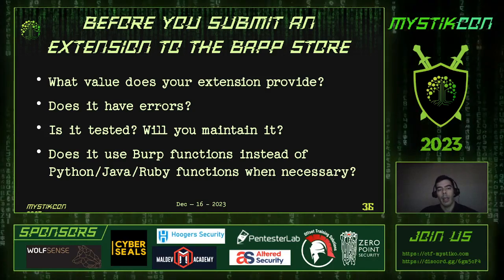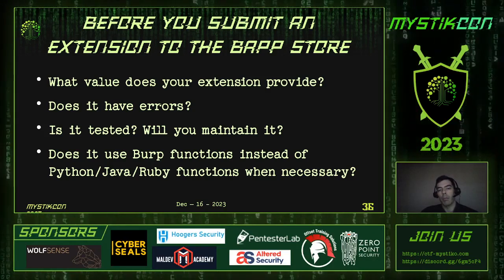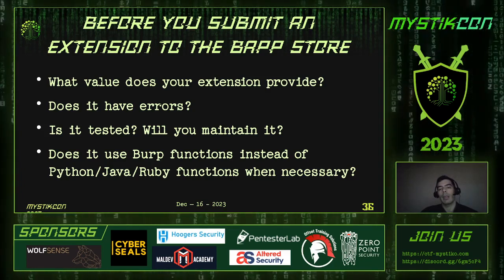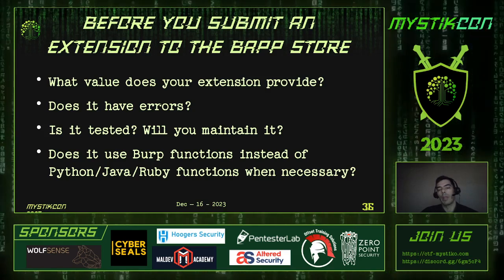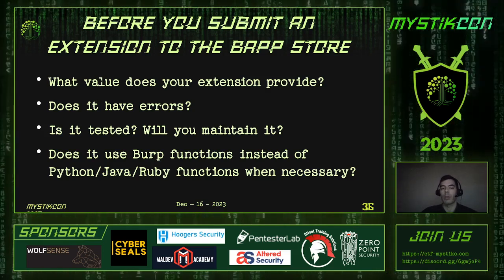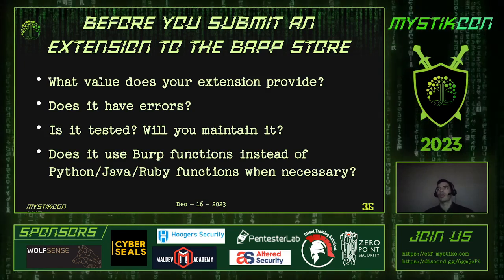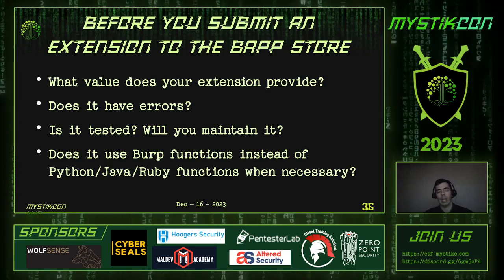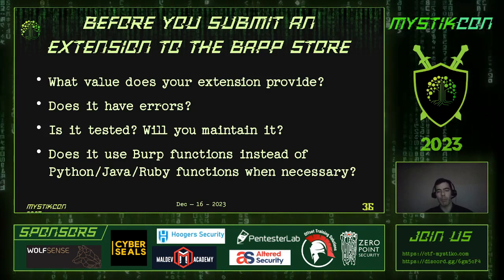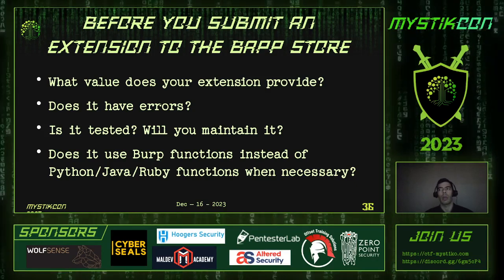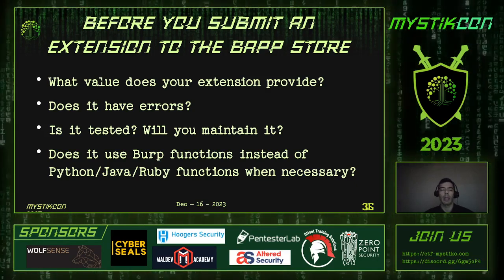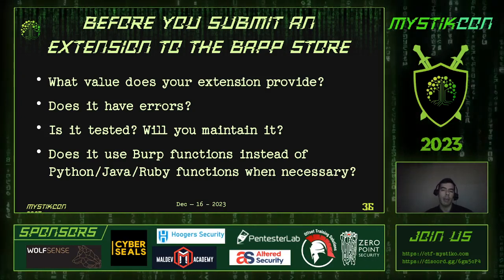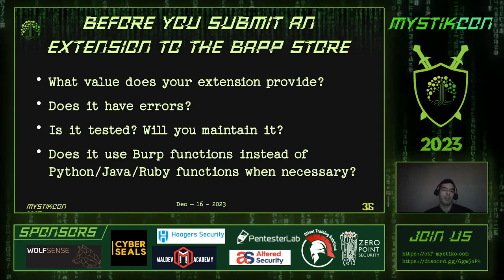What could actually be the main blocker when submitting extensions to them is if you use native functions of the language that you choose instead of using the Burp APIs to do some things. So in my extension, there was some functionality that I in the end removed, but it was making requests to my own GitHub repository where I was planning to upload some things from time to time so that they could be picked up by people's Burps.